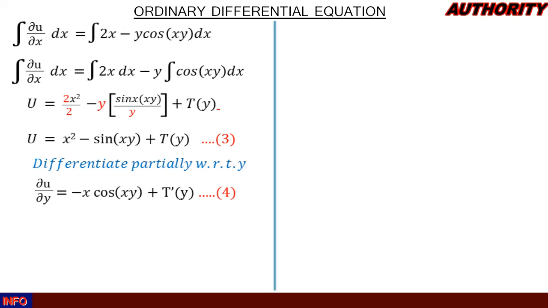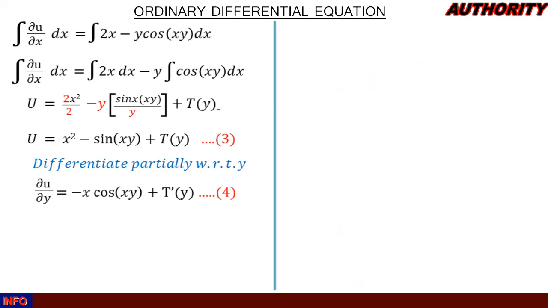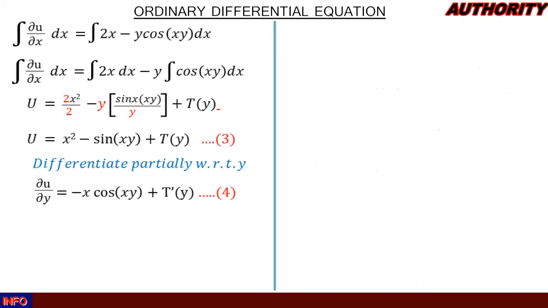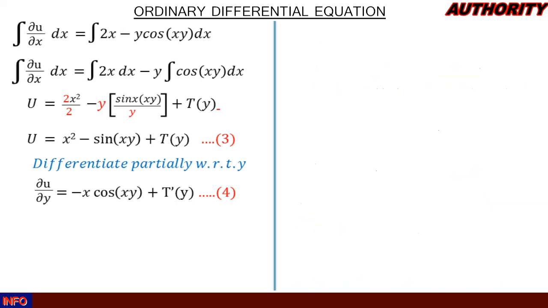Now, let's see what we have so far. We have equation 1, equation 2, equation 3, and equation 4. Studying these 4 equations carefully, you see that equation 4 and equation 2 look alike. Let's compare these two equations.